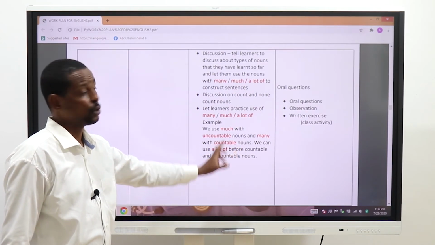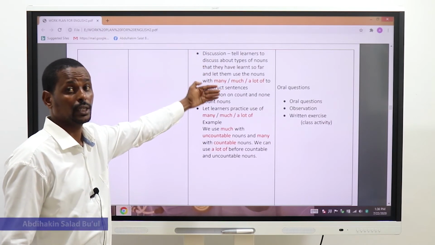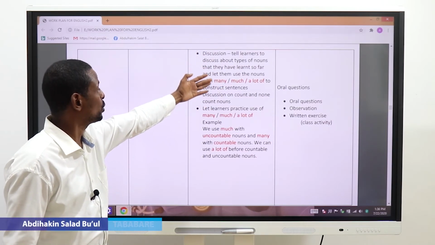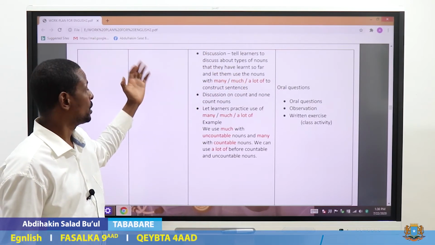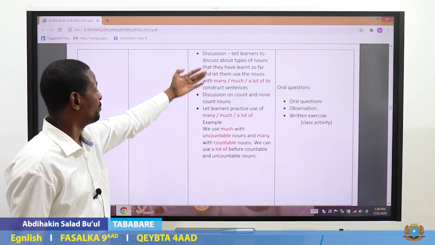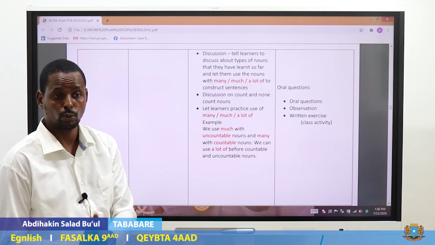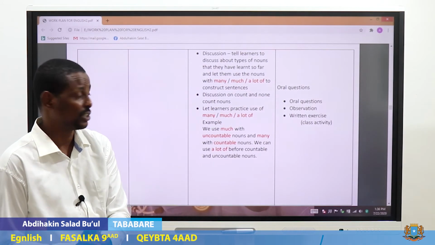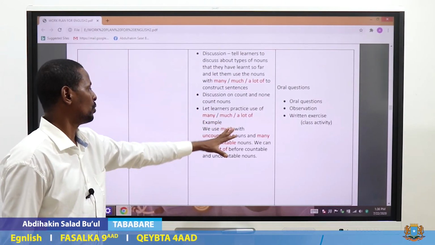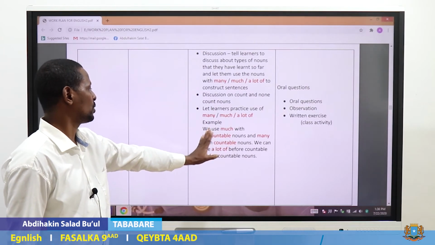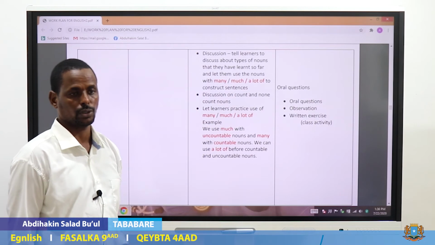Before we come here, students have already discussed, they have listed the nouns, they have seen which ones are countable and which are not countable in their discussion. Now, as a teacher, you want to make the conclusion, you want to give the final verdict. Let them write down or understand this, that we use much with uncountable nouns.